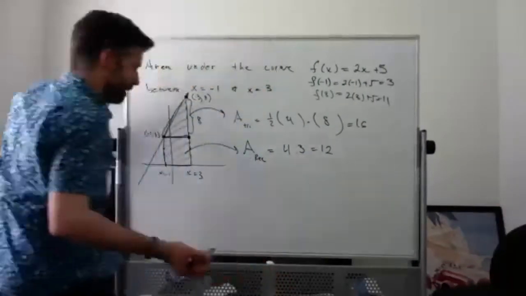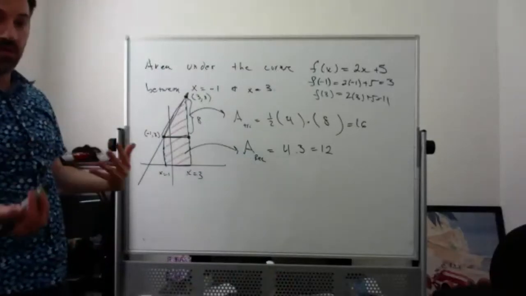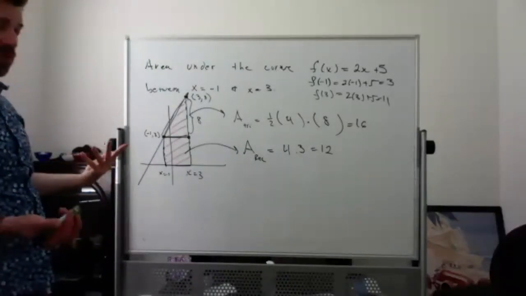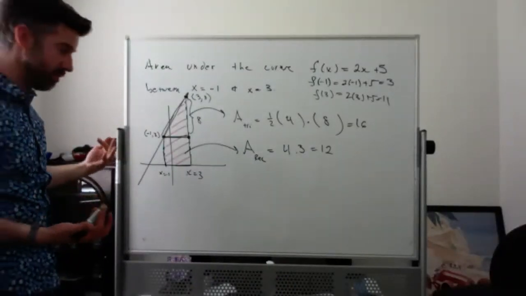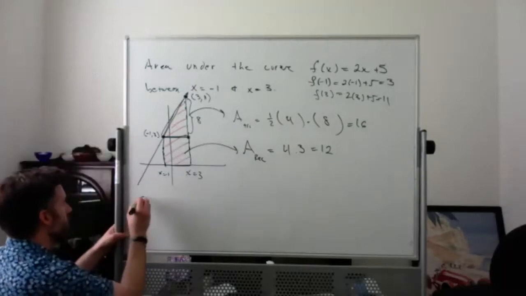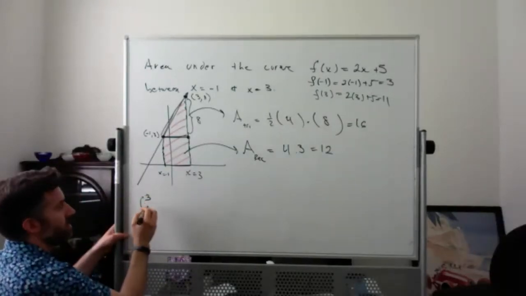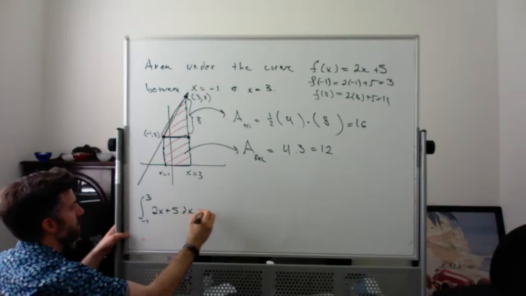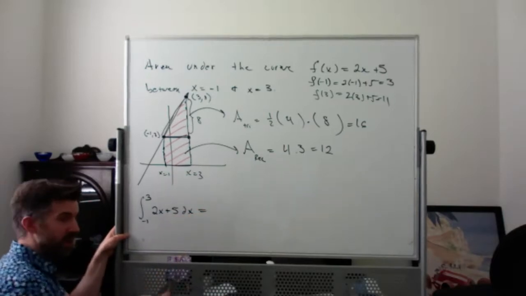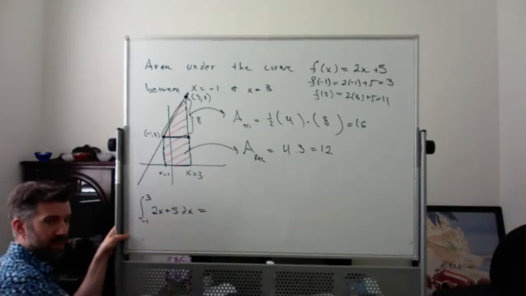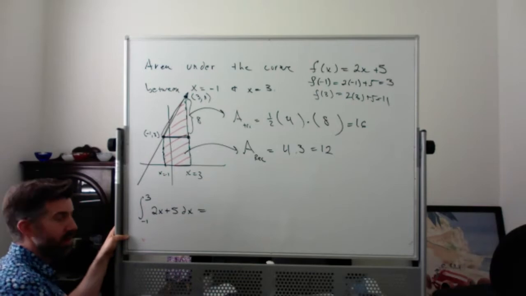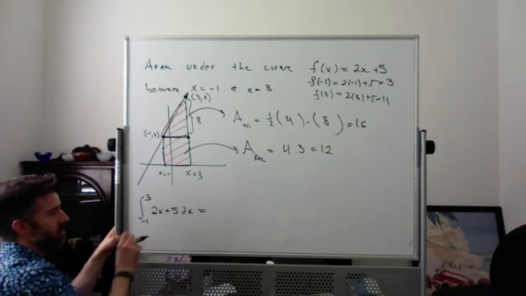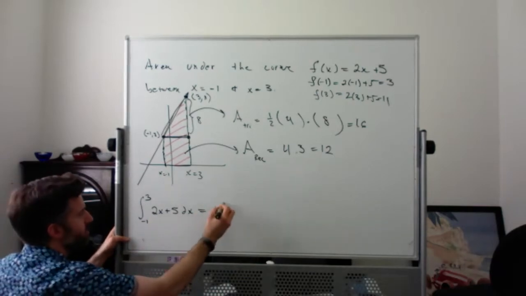So the way we're going to calculate this is using the fundamental theorem of calculus, this part's called the evaluation theorem. We're going to say, the integral from -1 to 3 of 2x plus 5 dx, we're going to anti-differentiate the integrand, which is just the inside function of the integral. The antiderivative of 2x is x squared.